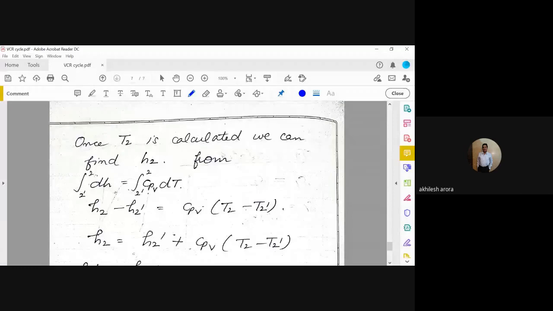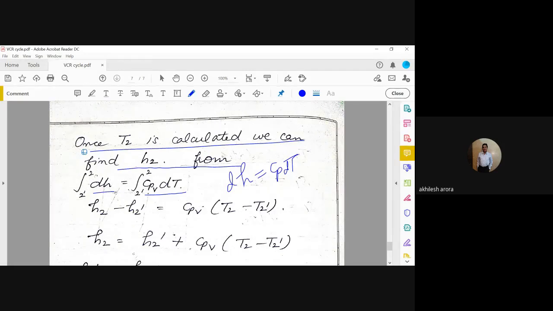Once T2 is calculated, we can find out the value of H2 from this equation. What is this equation? It is dH is equal to CPV into dT, and then we can integrate it between 2 dash to 2. Now dH is always equal to CP dT, since H is equal to CPT.